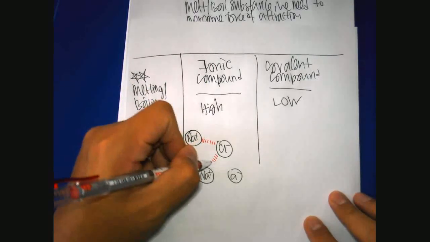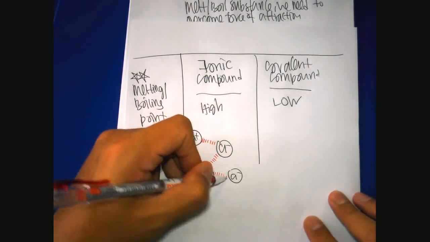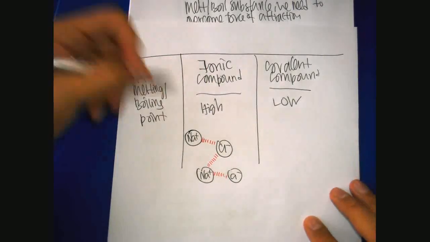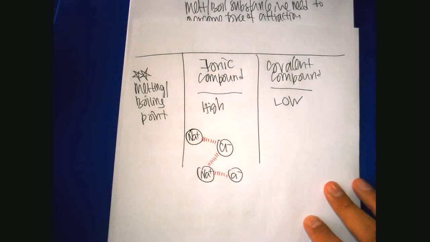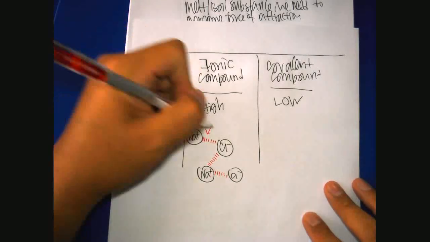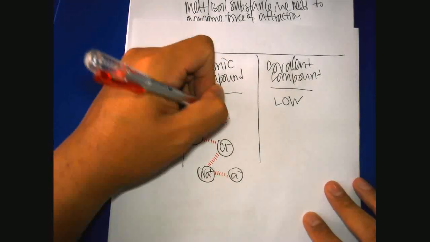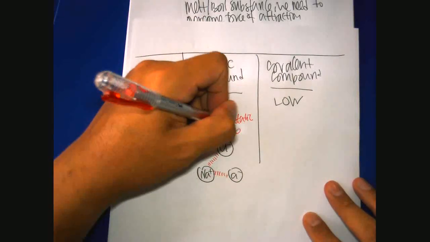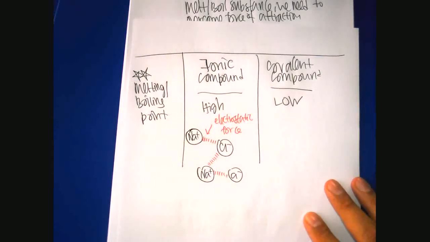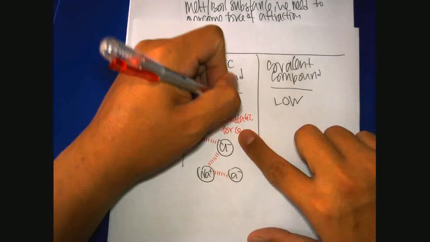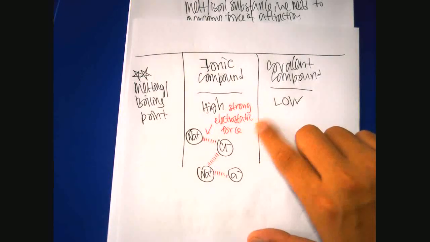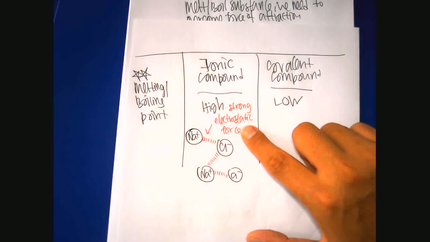This force is called electrostatic force. Electrostatic force is a very strong force, which makes sense because you need so much heat to overcome it. So when you need much heat, that's why the temperature to melt or boil is high.